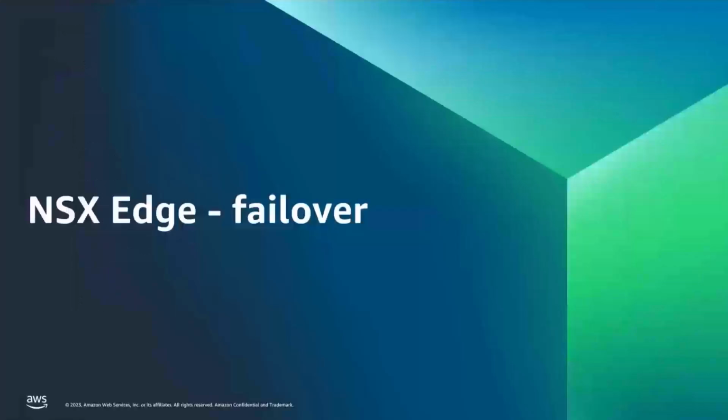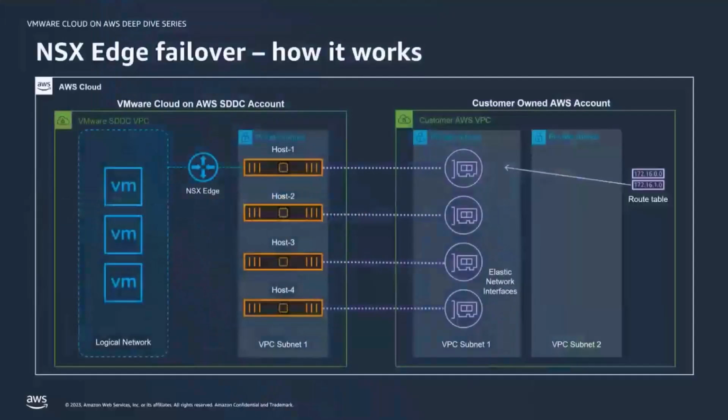And the last section for today, we're going to take a look how NSX Edge supports failover and how a routing table is going to handle it for you in case of a hardware malfunction. So let's take a look. Here is a diagram of how connectivity from VMC is organized with AWS resources.